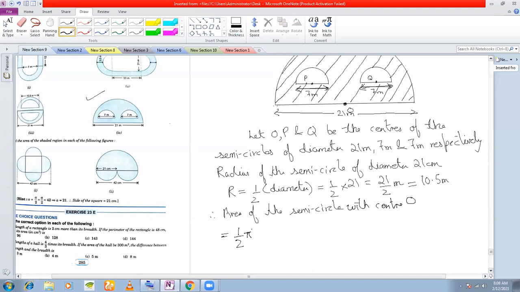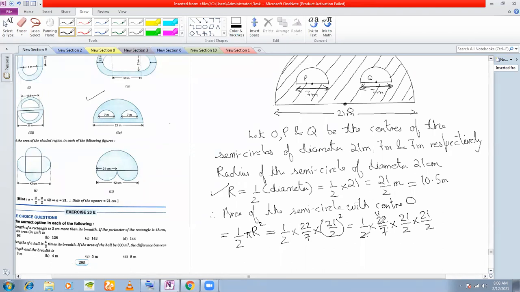So half pi capital R square, because the radius of the semicircle we have taken as capital R. So half, put the value of pi and put the value of R. Let us put a fractional value of R, 21 by 2. So half into 22 by 7 into 21 by 2 into 21 by 2.